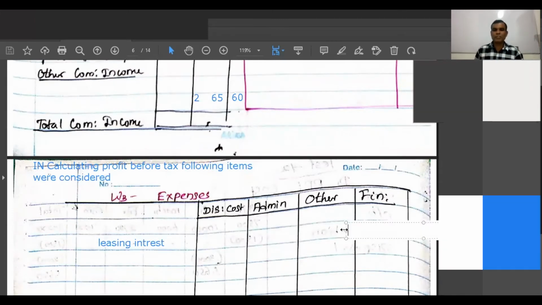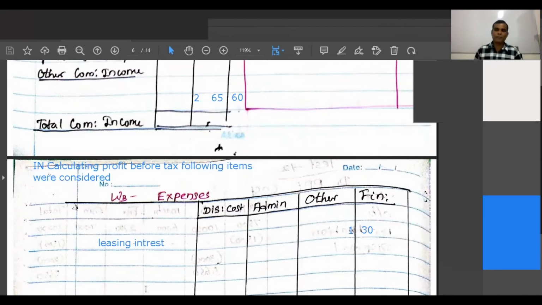Now here you are given a single mark. And then here loan interest. You see, you have got only 25. If this value is separately correct, you are getting another mark.